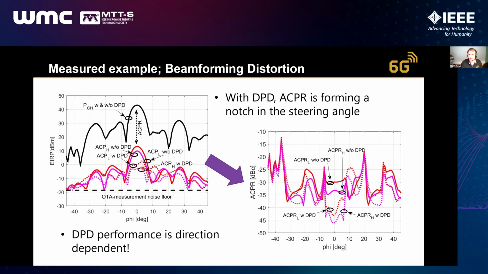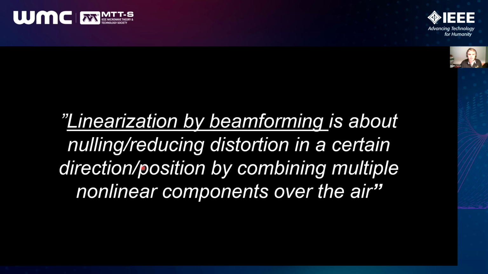That's an important thing to remember. So to conclude from this part, we can say that linearization by beamforming is about nulling or reducing distortion in a certain direction or position by combining multiple nonlinear components over the air. So there's some over the air linearization as a part of the process happening here.